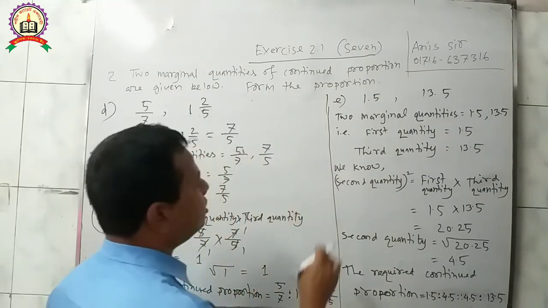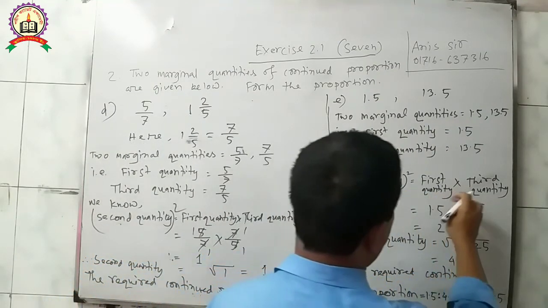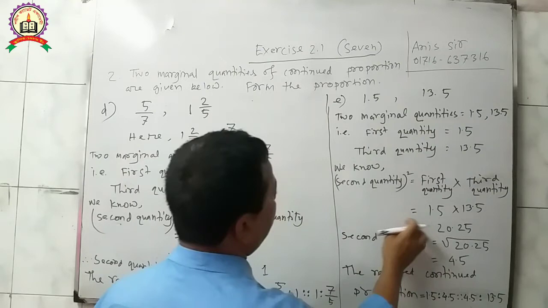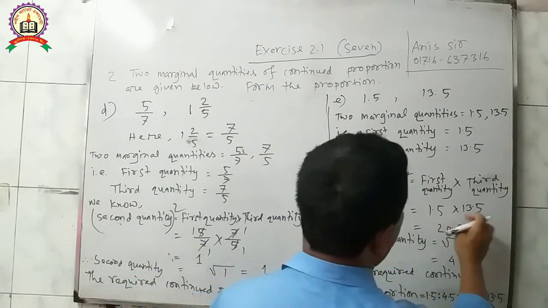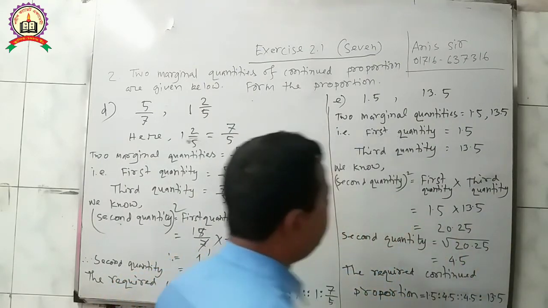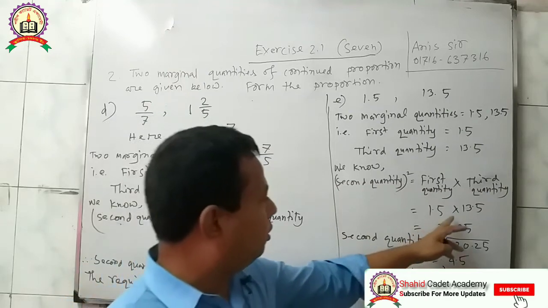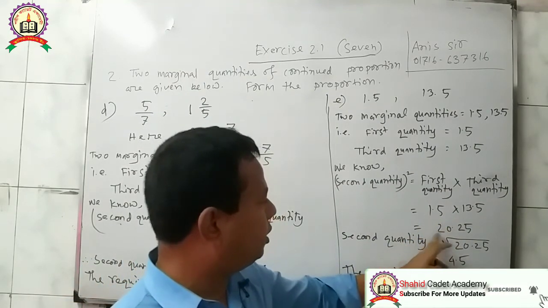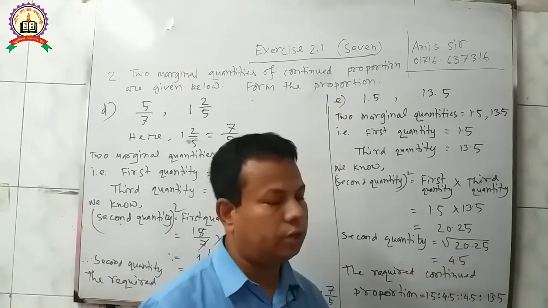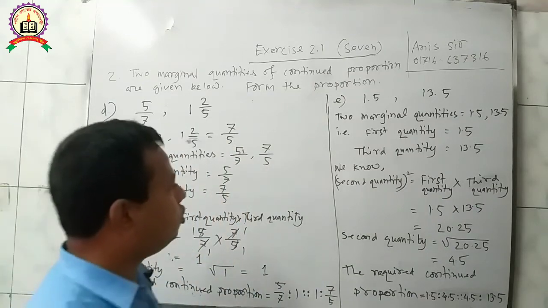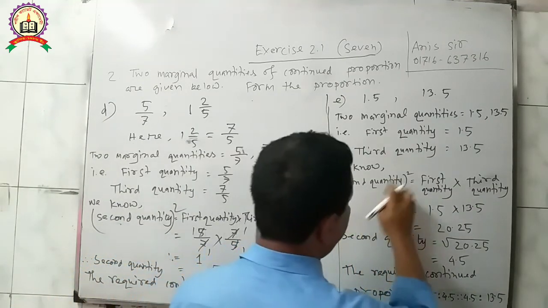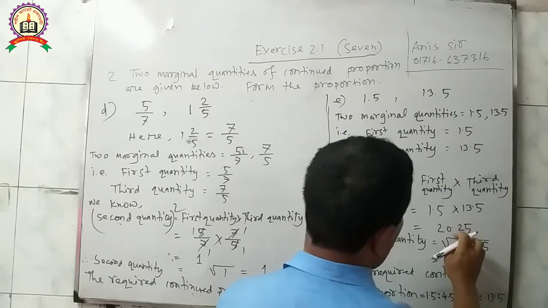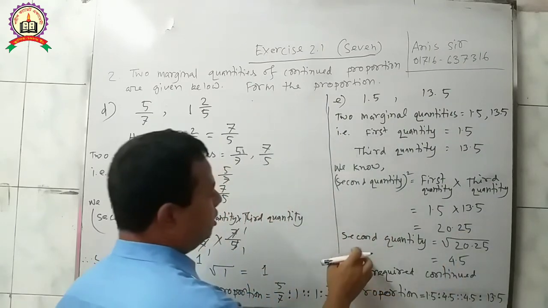So we know second quantity square equal to first quantity into third quantity equal to 1.5 into 13.5. So from this we get 20.25. So second quantity square equal to 20.25.